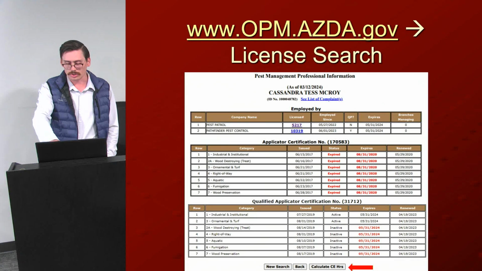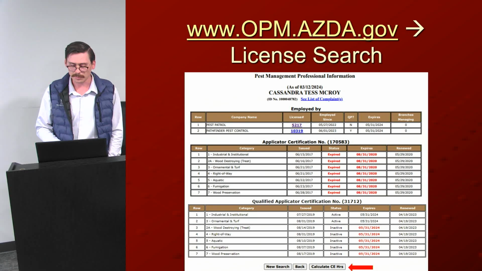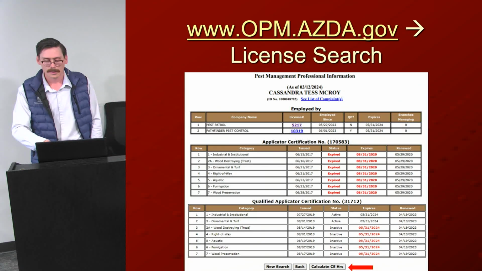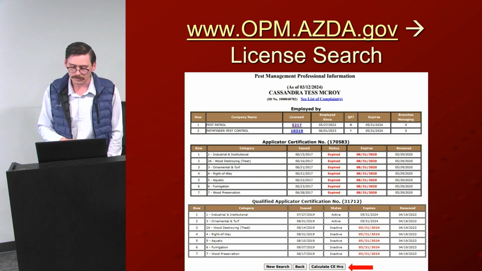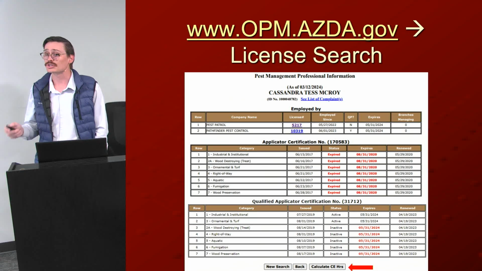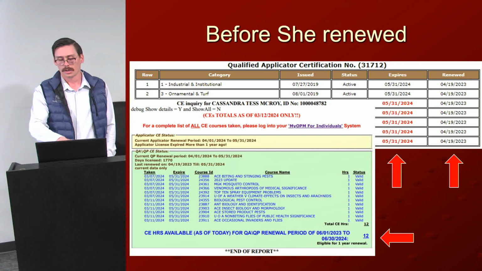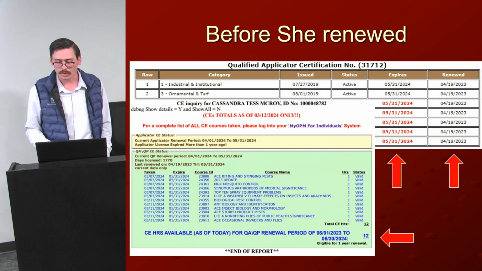If you look down, her certified applicator licenses have expired. Her qualified applicator license was renewed last year. It expires this year. And if you click down at the bottom, you can see how many CEUs she has accumulated already this year. This is before she renewed.